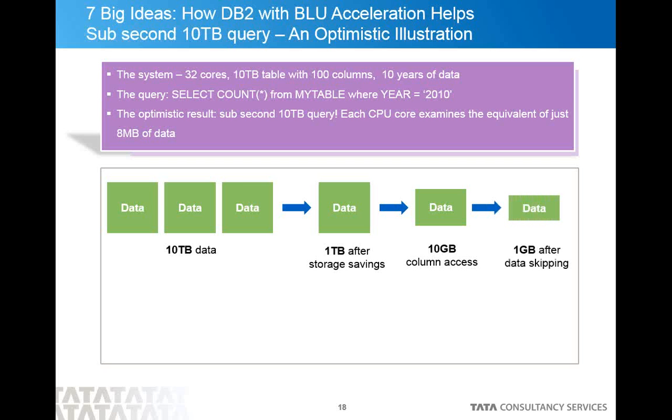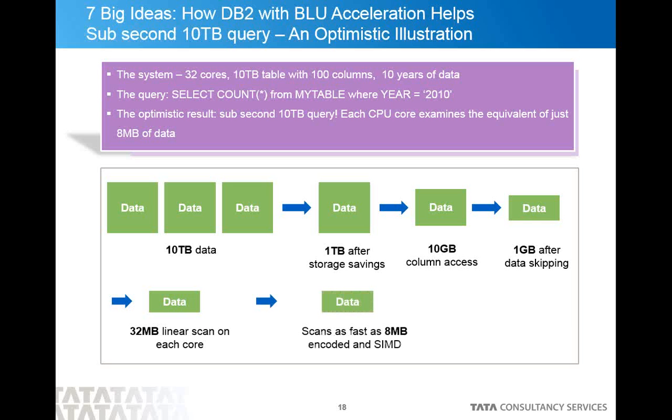Now when we implement data skipping, that is, we are interested in a particular year out of 10 years of data, the effective data comes down to 1 GB. Now we can see that 10 terabytes of data has come down to 1 GB of effective data. Since we have a 32 core processor and DB2 BLU will leverage parallel core processing, the effective data is slashed now to 32 megabytes.